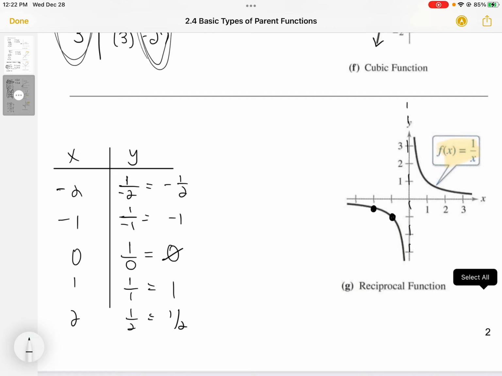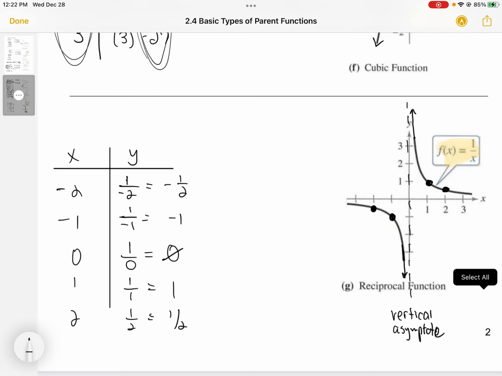This is what's called a vertical asymptote. The graph approaches this y-axis, gets really close to it, but never crosses it. And when we jump to the positive values, notice these are the two values that I found, 1, 1, and 2, 0.5. And on the other side, this graph gets really close to the y-axis and again doesn't cross it.